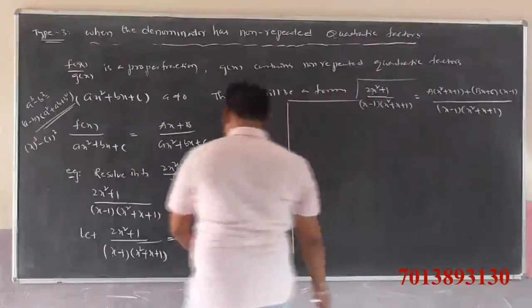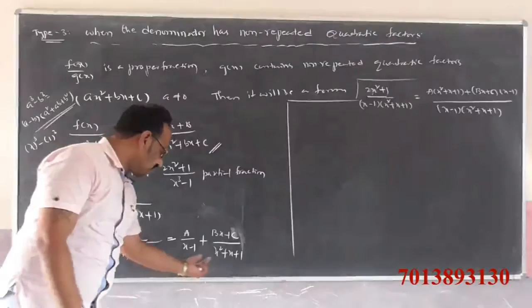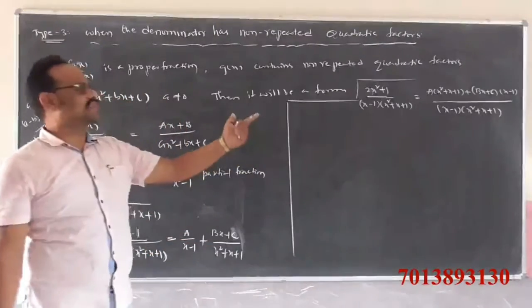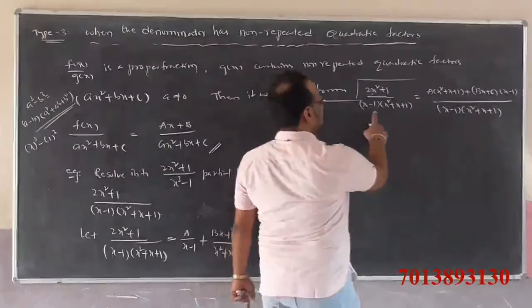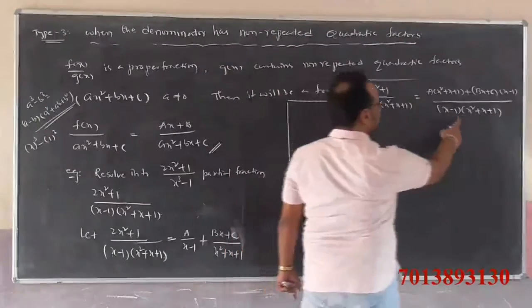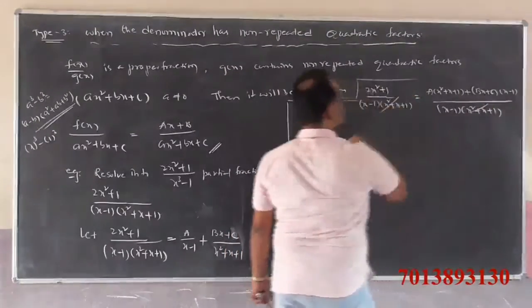Observe here, the LCM of x minus 1 and x square plus x plus 1 is x minus 1 into x square plus x plus 1. So clearly the denominators get cancelled.